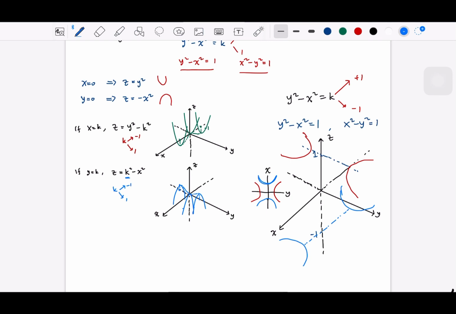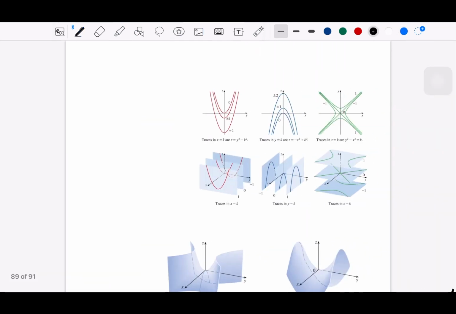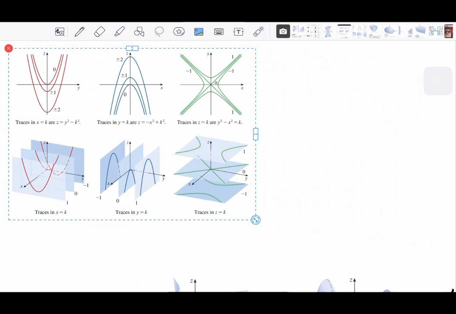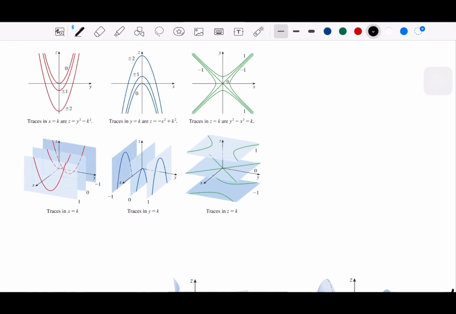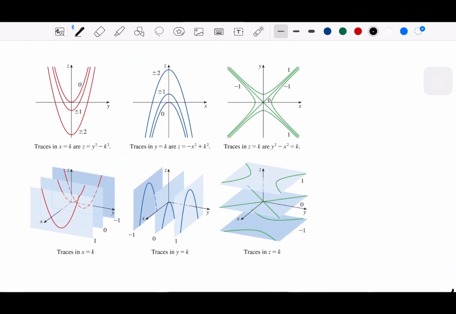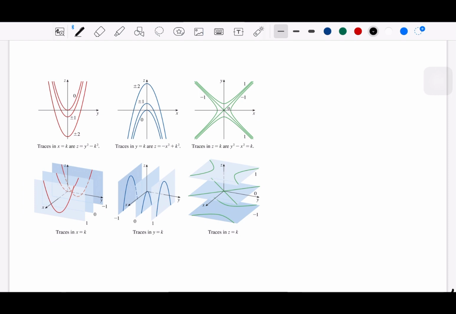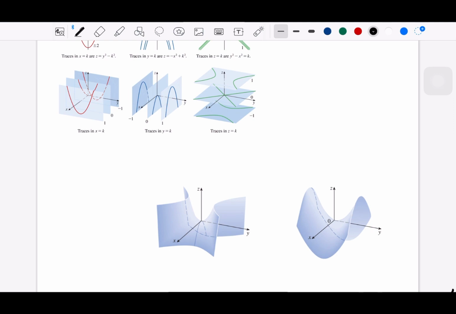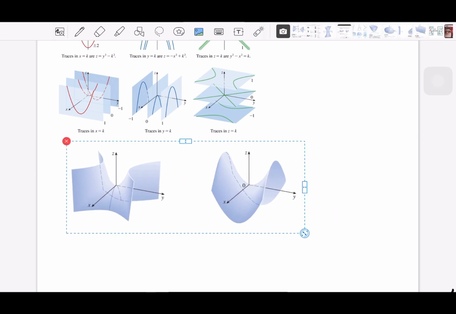So if we connect these two, okay, this is the picture here. Hope this helps. Okay. So we connect all these three shapes, the 2 parabolas and 1 hyperbola, or we can say 2 hyperbolas. And this is what we have. Okay.